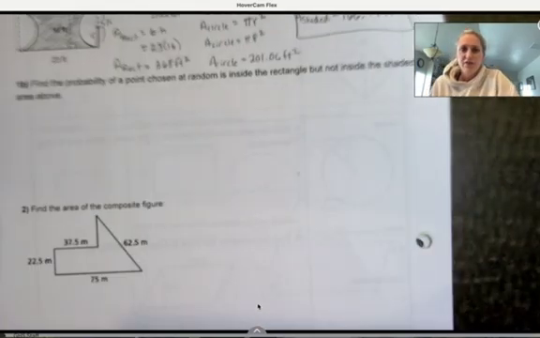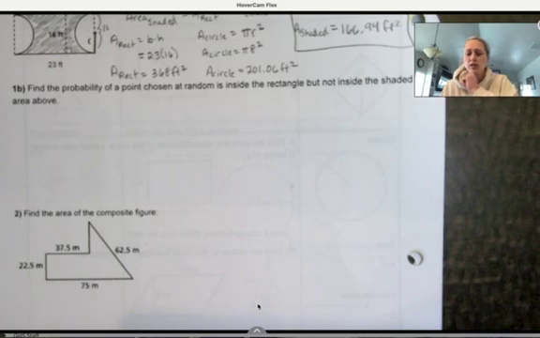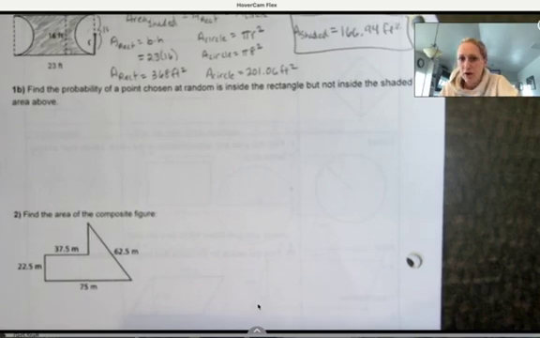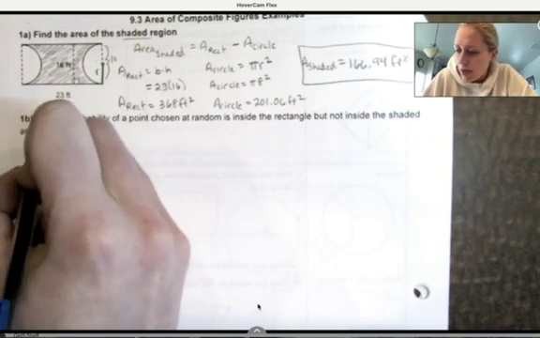Okay, this says find the probability of a point chosen at random is inside the rectangle but not in the area above. Okay, so probability, I'm just going to define right here.